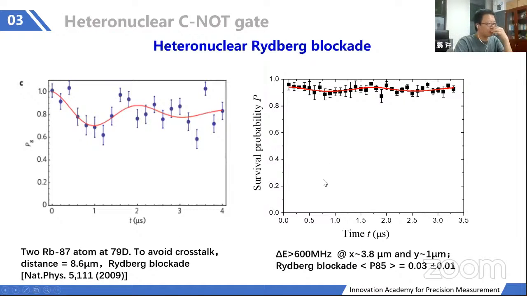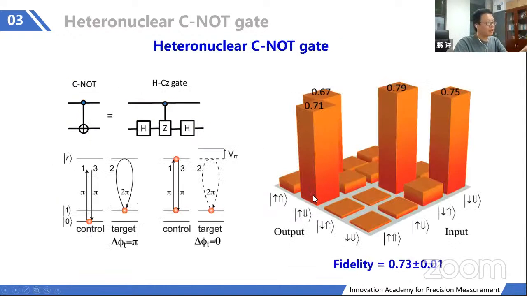With this Rydberg blockade, it is a good mechanism to construct the controlled phase gate, and the controlled phase gate combined with two single qubit operations gives us a CNOT gate.